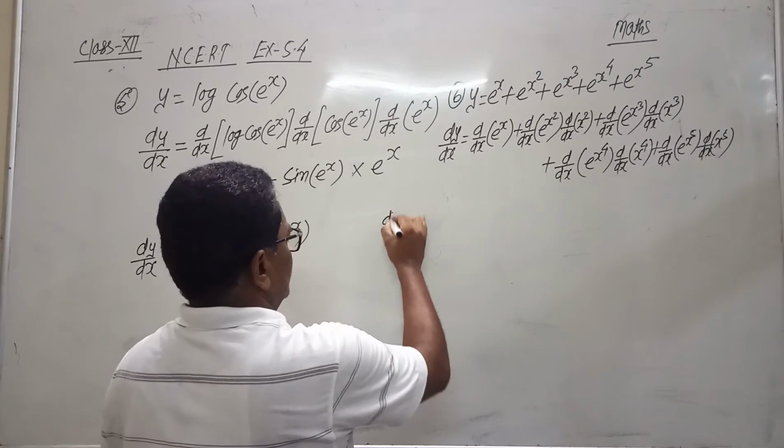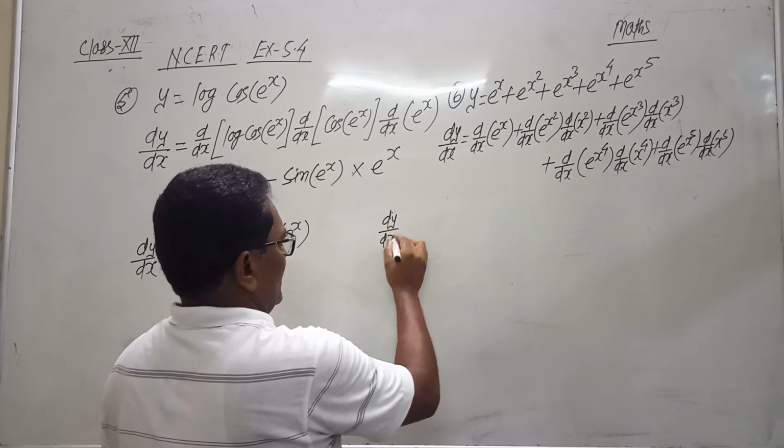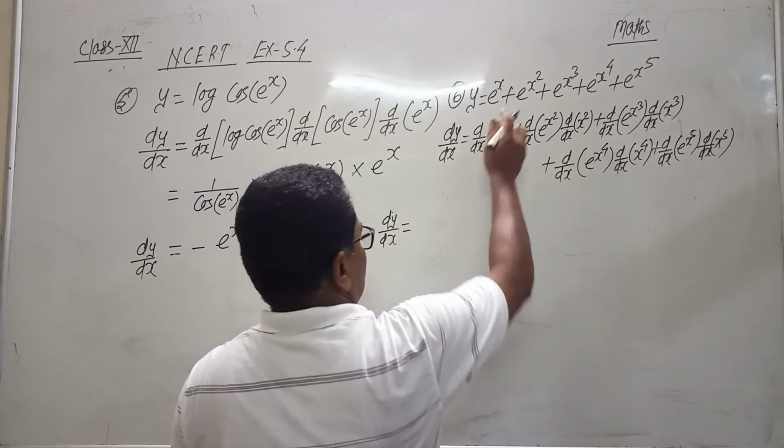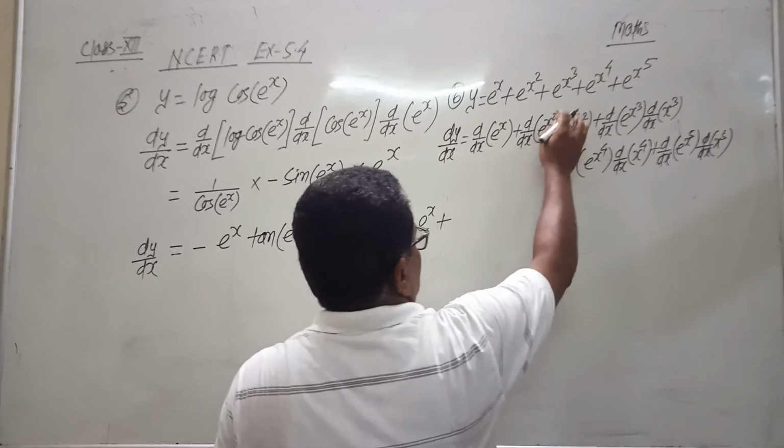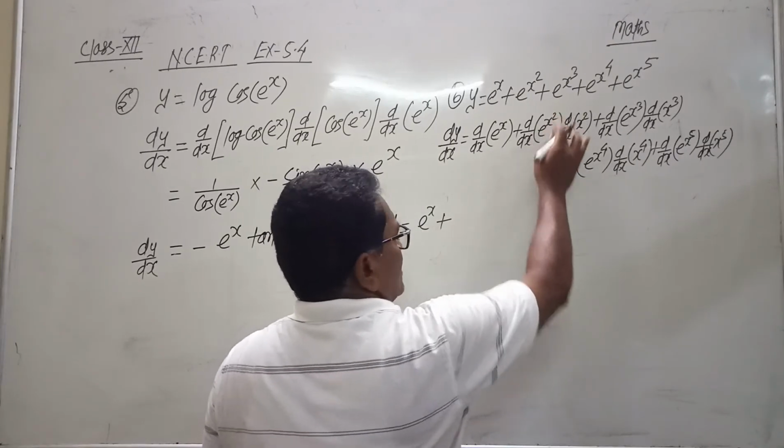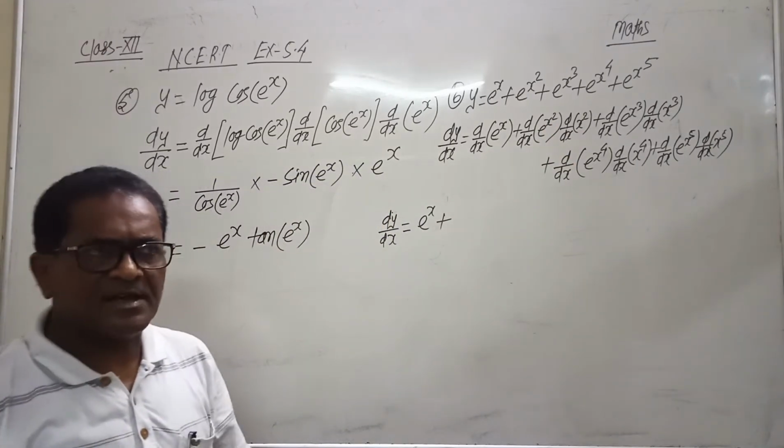Now in the next stage, it will be differentiated. Differentiation of e raised to the power x is e raised to the power x plus e raised to the power x square. So at the place of x there is x square.